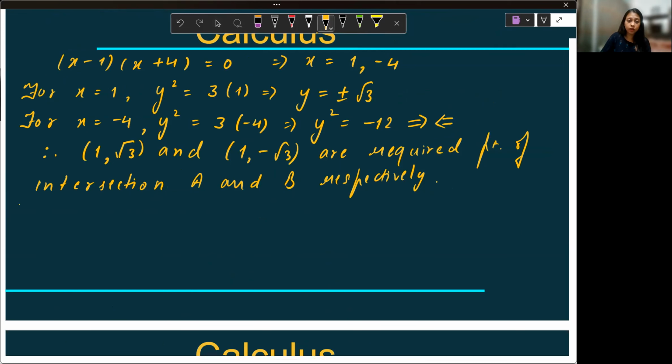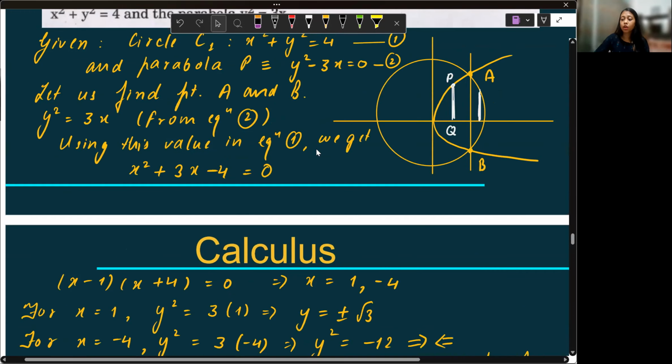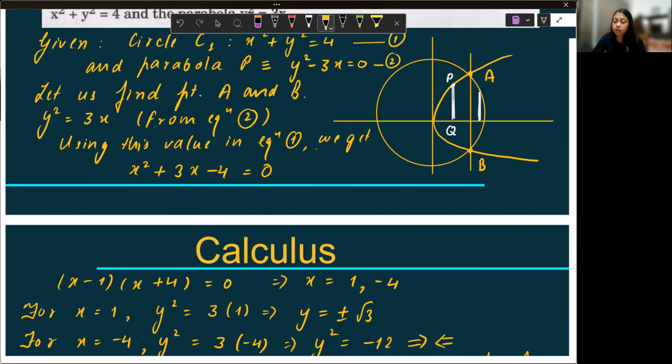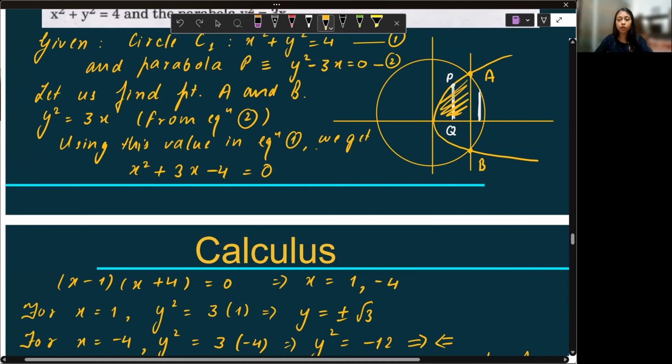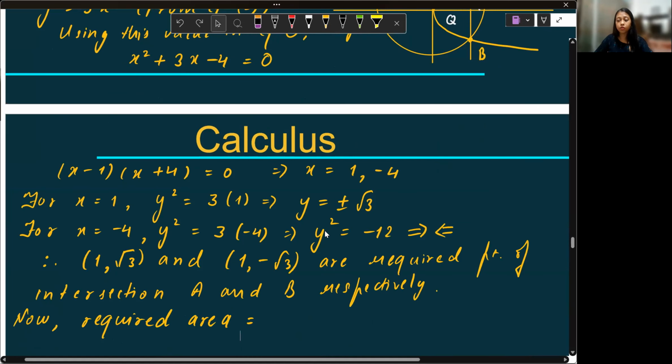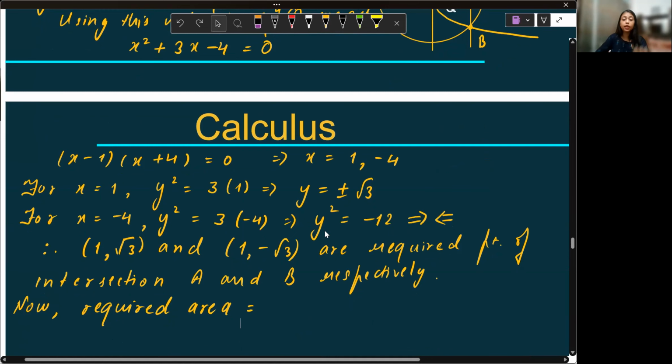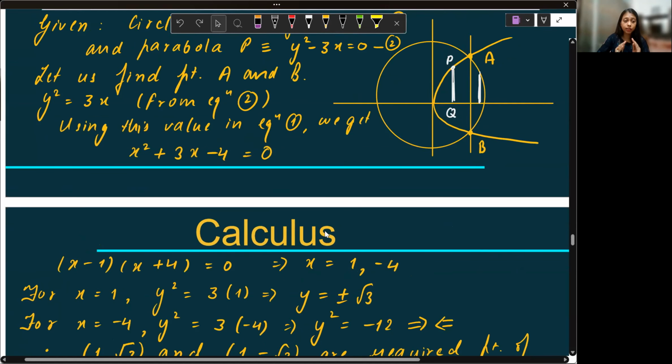Now, what is the required area? See both of the areas separately here. If I consider this very area, let's talk about the limits. Limits of y, how are they calculated?